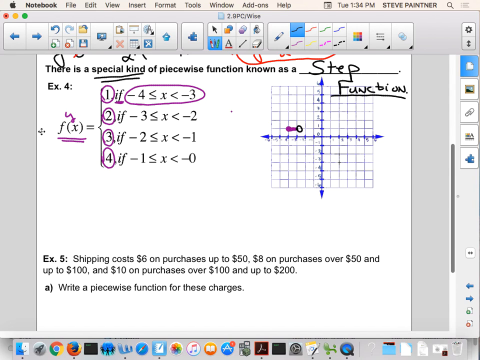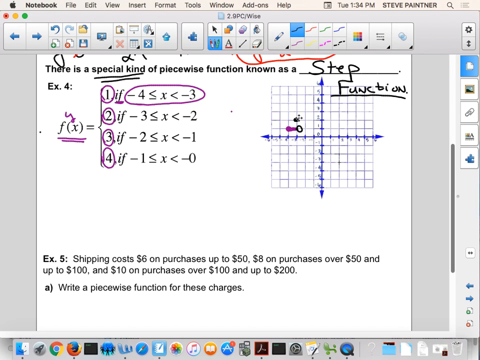Look at the -3. -3 does not really belong in this function. So -3 does not get 1. -3 actually belongs in this function. It gets 2. So when does the answer 2 come out? For x between what and what? -3, -2. Yeah, from -3 to -2, you're going to get an answer of 2.